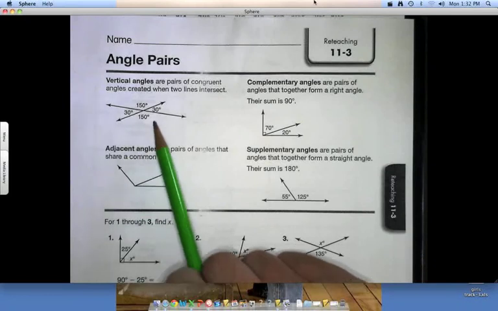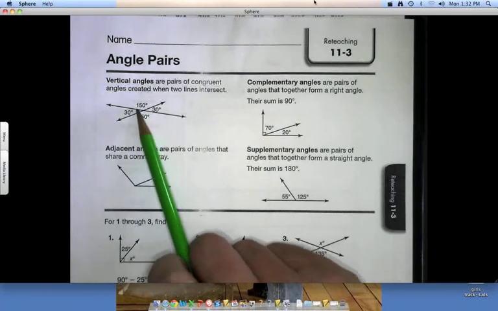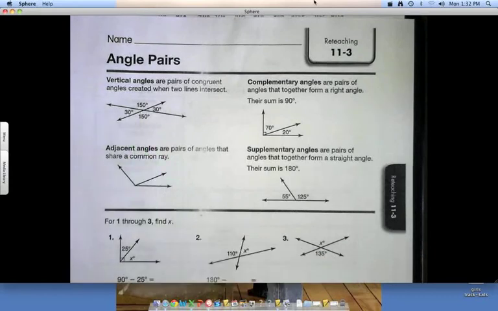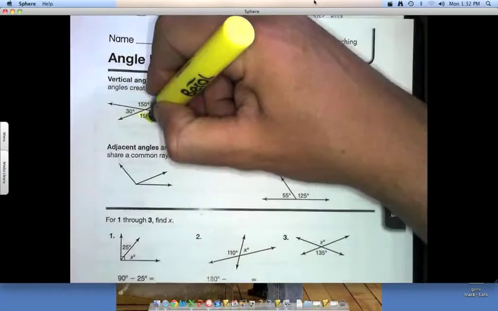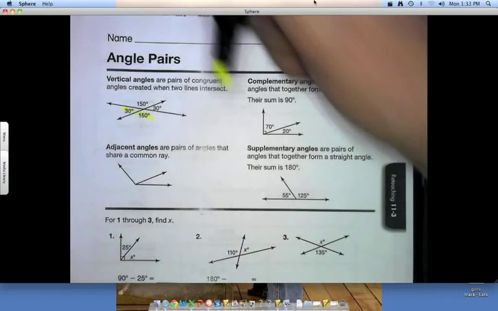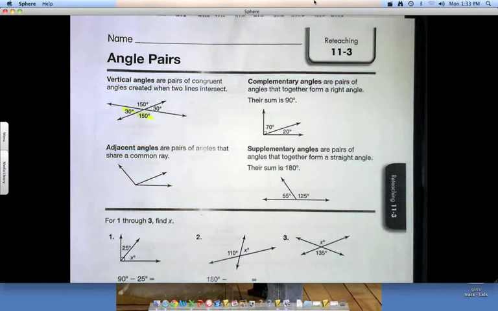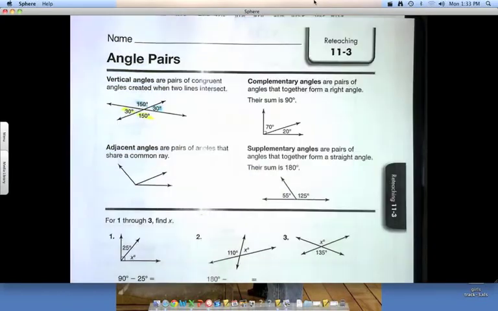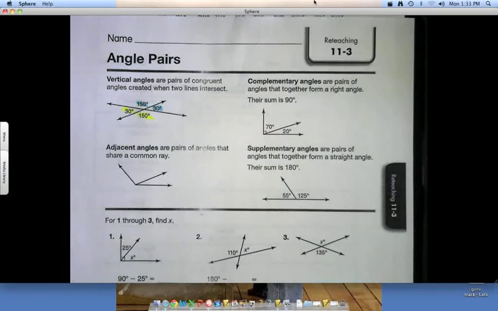In this case, you have 150 and 150 and 30 and 30. And just so you can see it, we know that a straight angle is 180 degrees. So my 150 here plus my 30 here equals 180. And my 150 on this side plus my 30 equals 180.